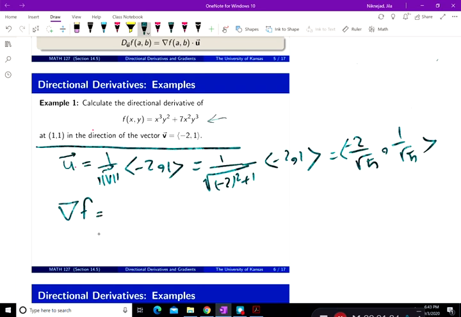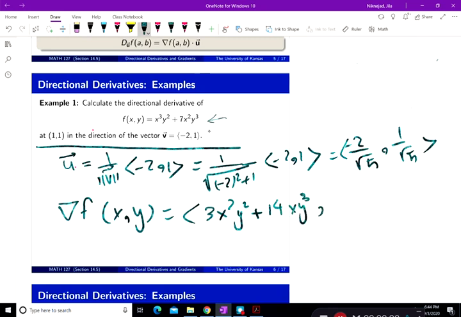The gradient vector is going to be equal to the partial derivative of the function with respect to x, and this is the gradient at x and y, equal to 3x squared y squared, because y squared is the constant, plus, for x squared, the 2 comes down, so 14xy to the third.